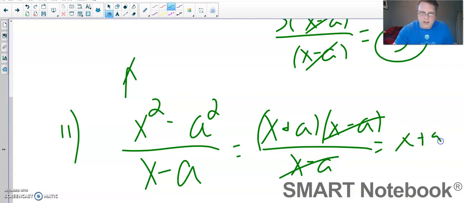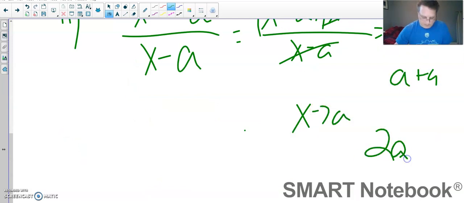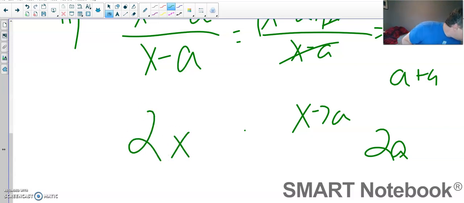You're left with x plus a. And then as x approaches a, you have a plus a, which is 2a. Oh, that's it. They didn't give you a point. They didn't give you a point. So it's just either 2x or 2a. That's fine. You just stop right there.